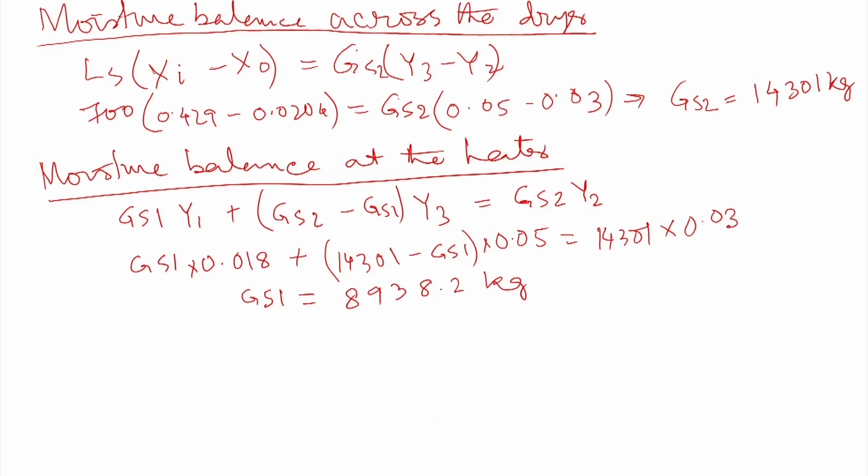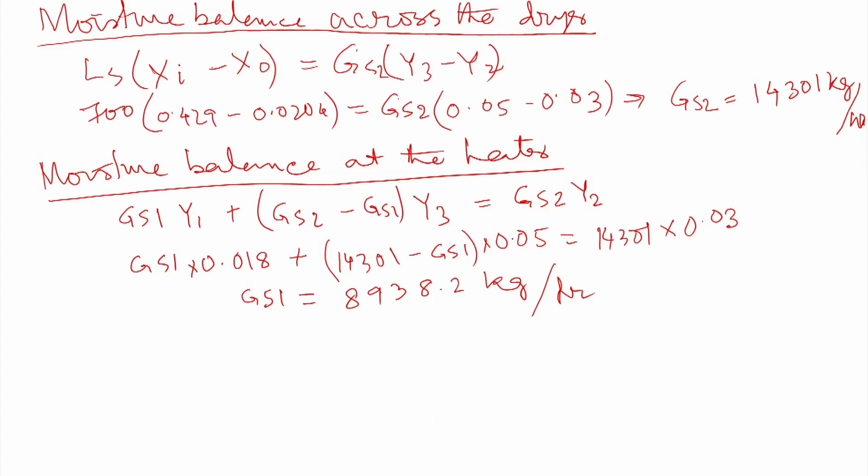As we have taken the basis as 1 hour, that is also kg dry air per hour. Now we will do the calculation like this.